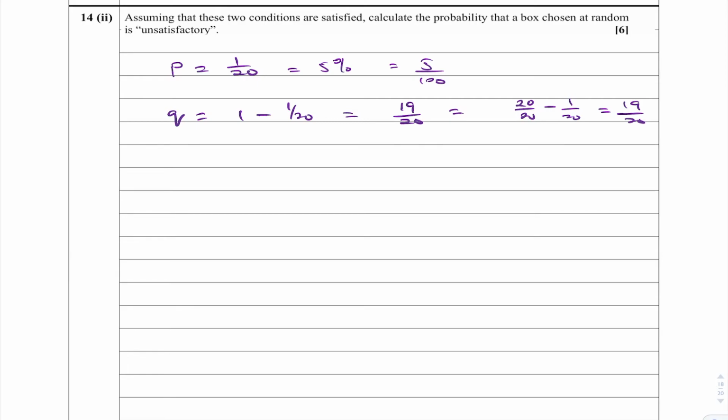Now the probability of 0 or 1 using the binomial distribution is n combination r, Q to the n minus r, P to the r. So that's the binomial distribution formula. Right, so that's what we're using.